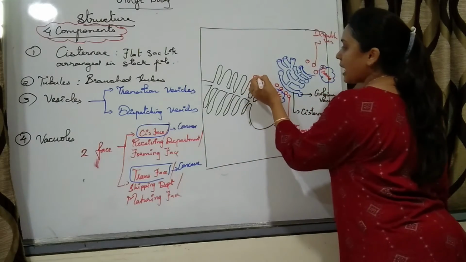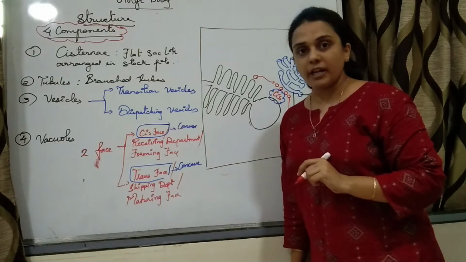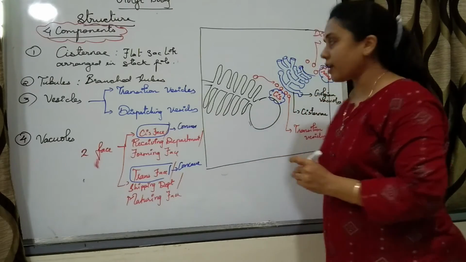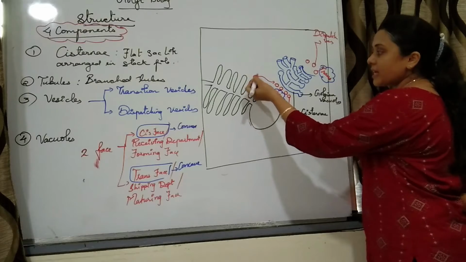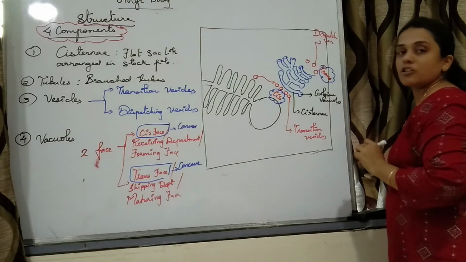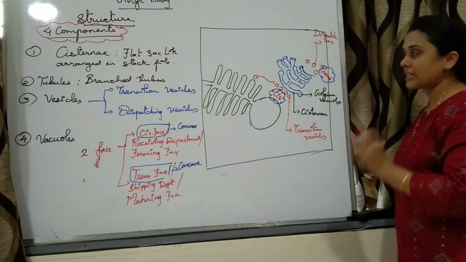These vesicles travel towards the Golgi body. Now, where are they going to reach? Which part of the Golgi body? These vesicles reach the cis phase of the Golgi body. That is why we call it the receiving department.